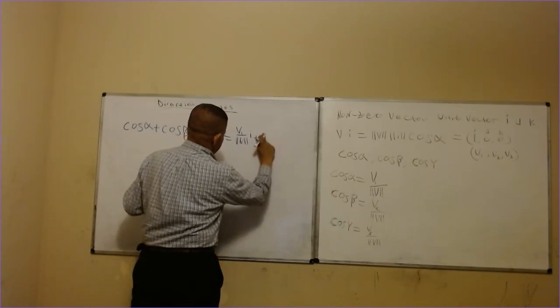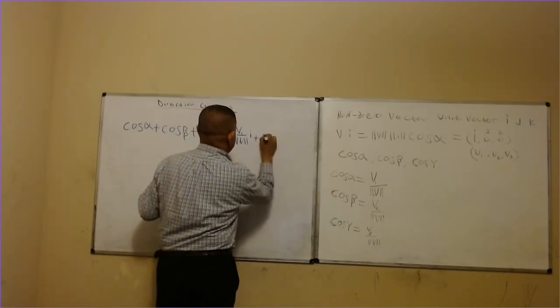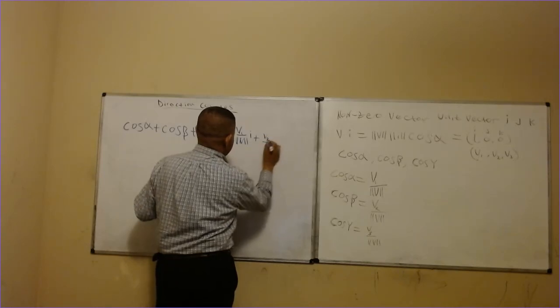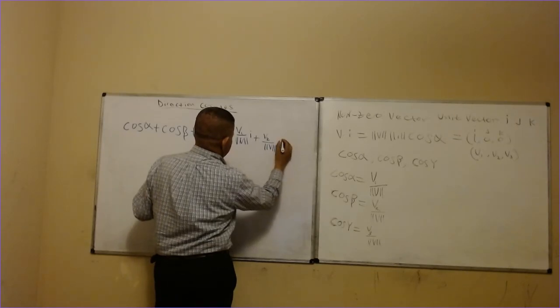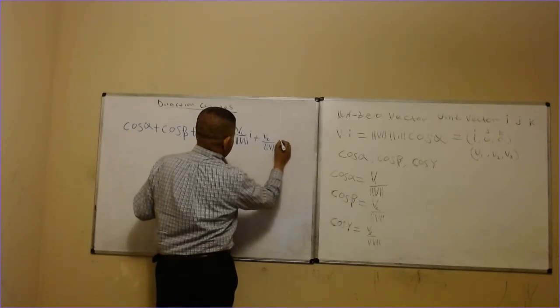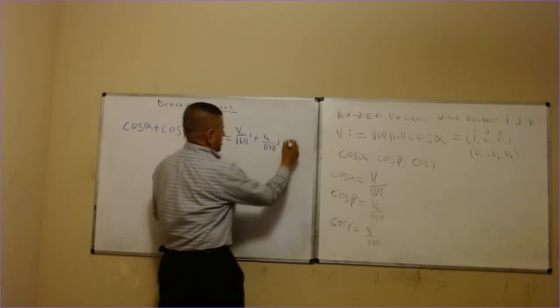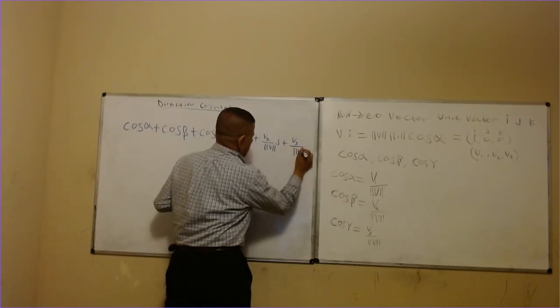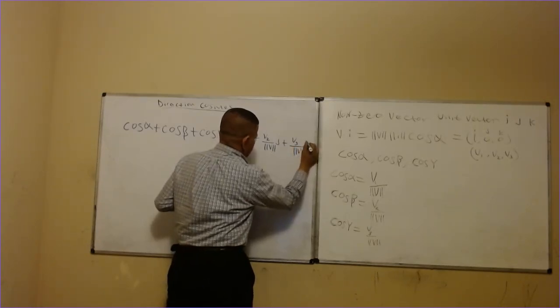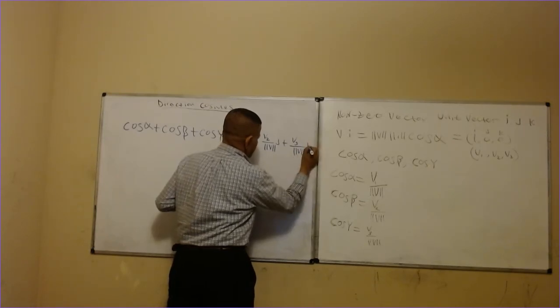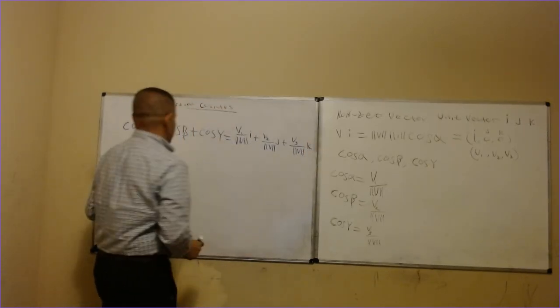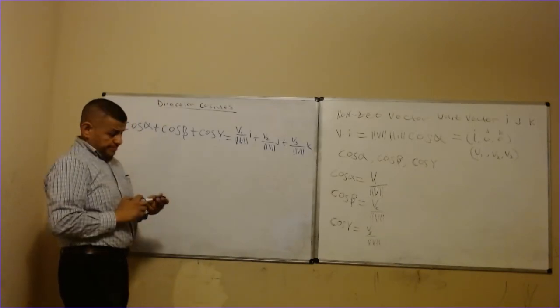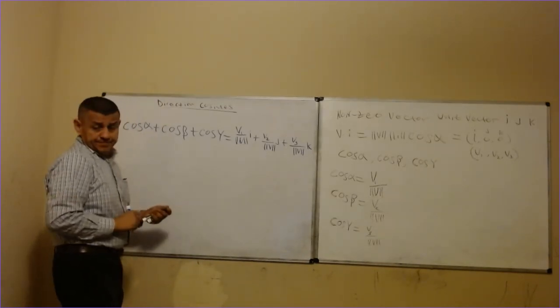Plus V2 over the magnitude of V times J plus V3 over the magnitude of V times K, right?